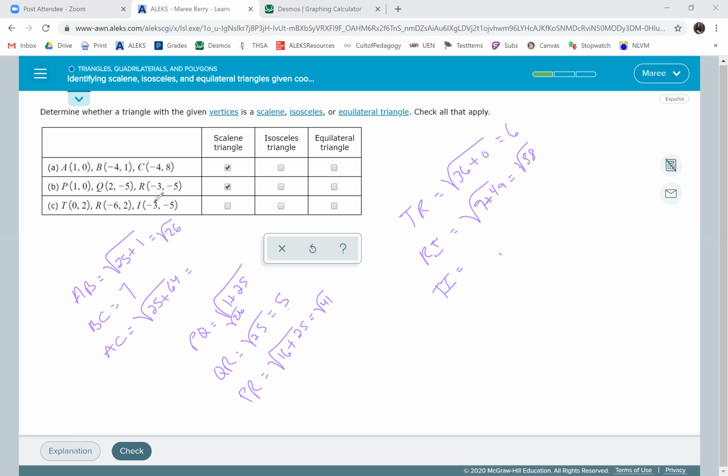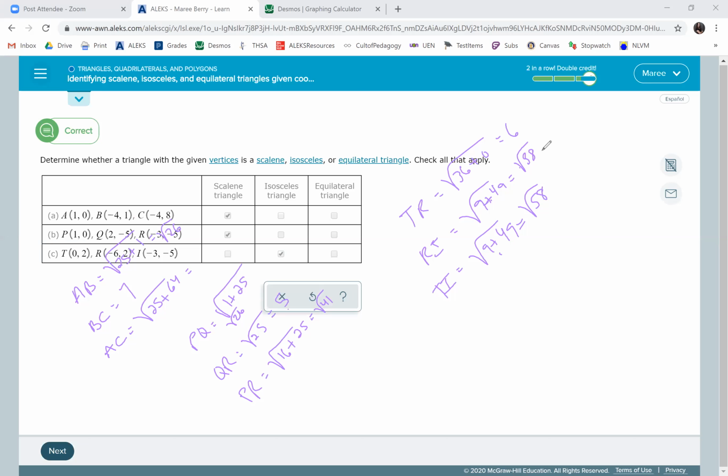TI, 0 to negative 3 is 3 units, squared is 9. And 2 and negative 5, that one is 7 squared is 49. So that's the square root of 58, just like RI. So this one is isosceles. Okay, let's check it. Okay, that is the end of the lesson.